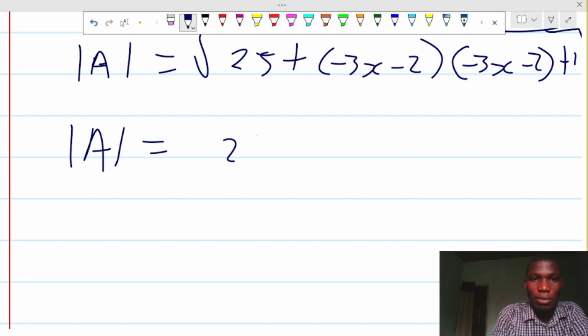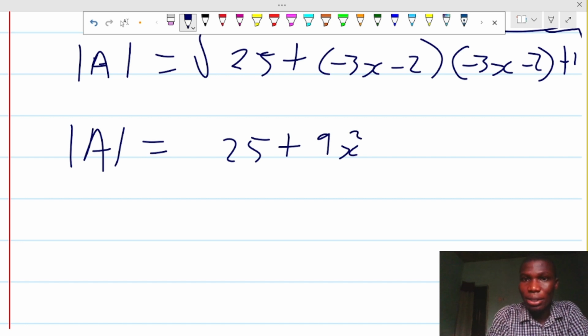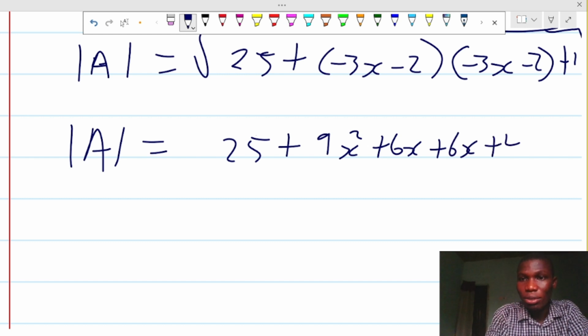Next we'll have 25 plus 9x squared, and this will give us 6x, and then another 6x positive, plus 4 plus 1.